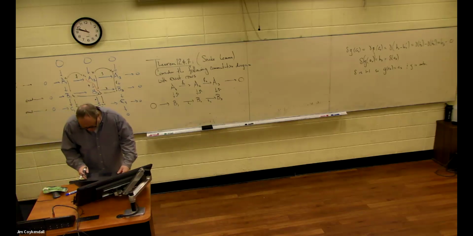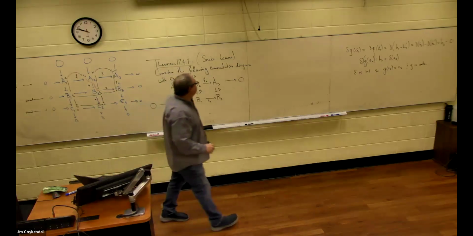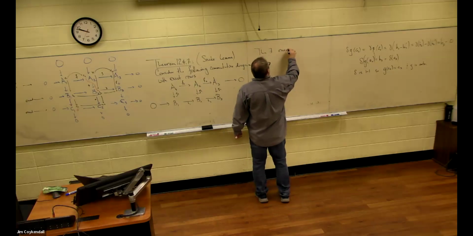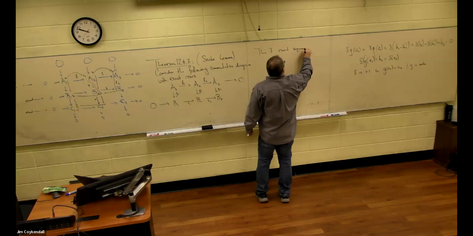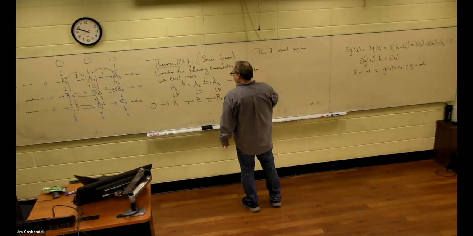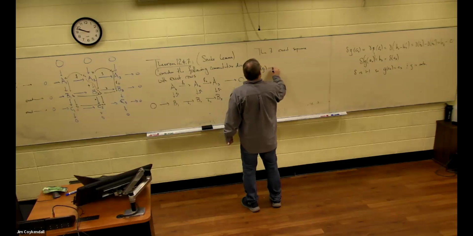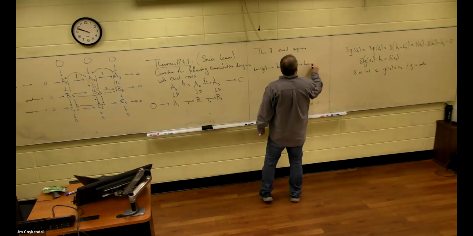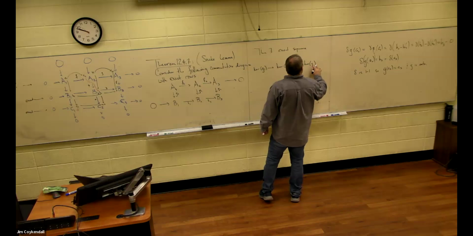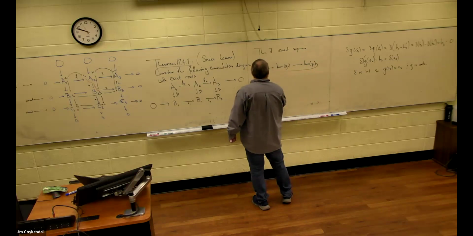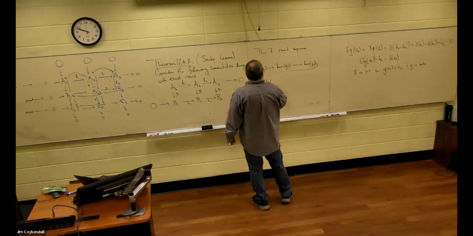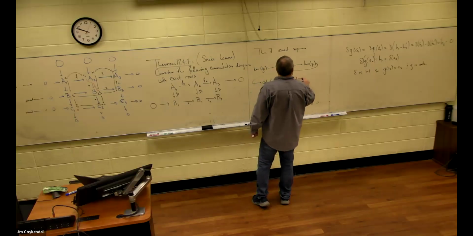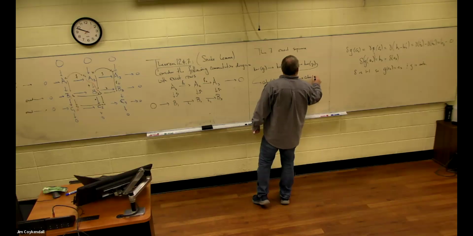Then there exists an exact sequence: kernel G1, kernel G2, kernel G3, then a snake to cokernel G1, cokernel G2, cokernel G3.